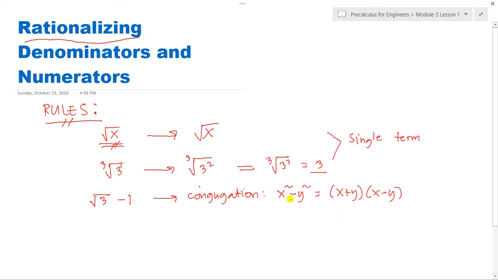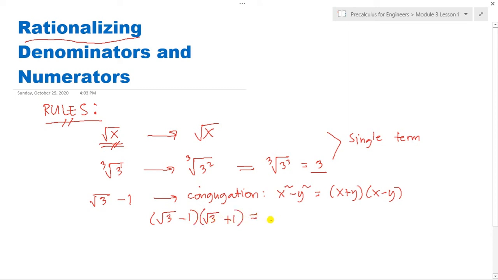Kasi, kapag ina-apply natin to dito sa ating rule, itong square root of 3 minus 1, so if we multiply this by its opposite, di ba, minus man ito, so if we multiply it by its opposite na plus, let's say, square root of 3 minus 1, multiplied by square root of 3 plus 1.